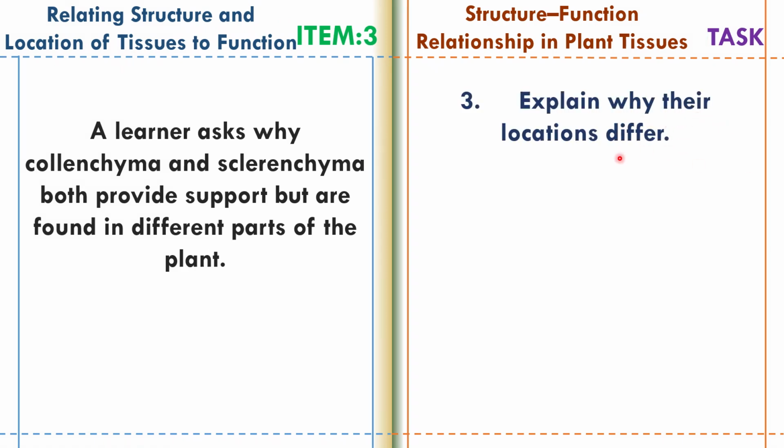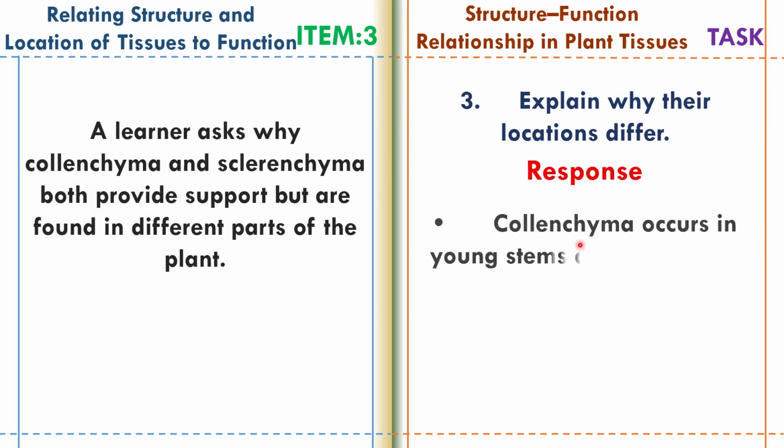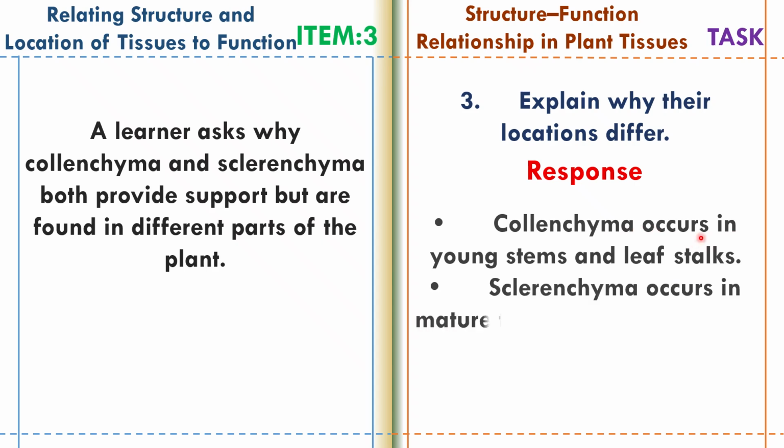Explain why their locations differ. Collenchyma occur in young stems and leaf stalks. Sclerenchyma occur in mature tissues where rigidity is required.